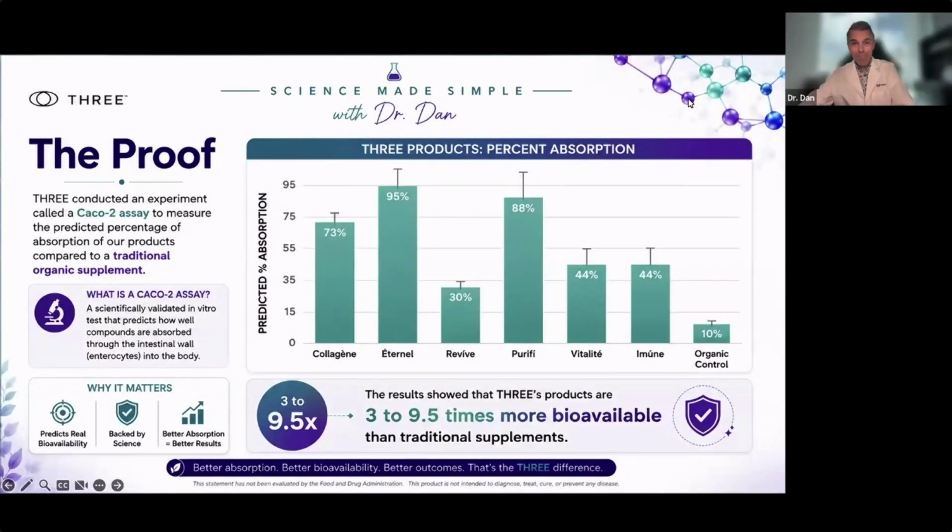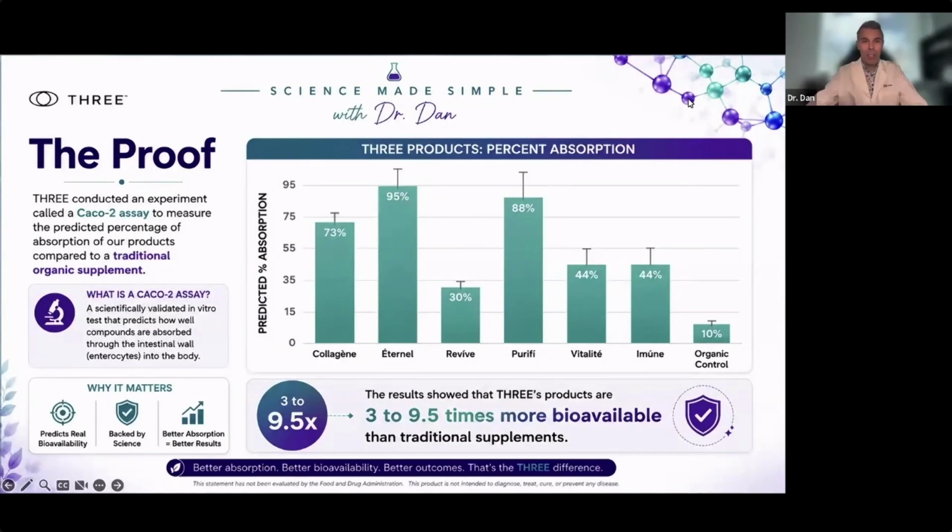So this is evidence that these 12 technologies that we're using, not only do they sound good, not only do they, in theory, make sense, but in practicum, they're working and they're increasing the cellular absorption of the beautiful molecules that we have in our products.